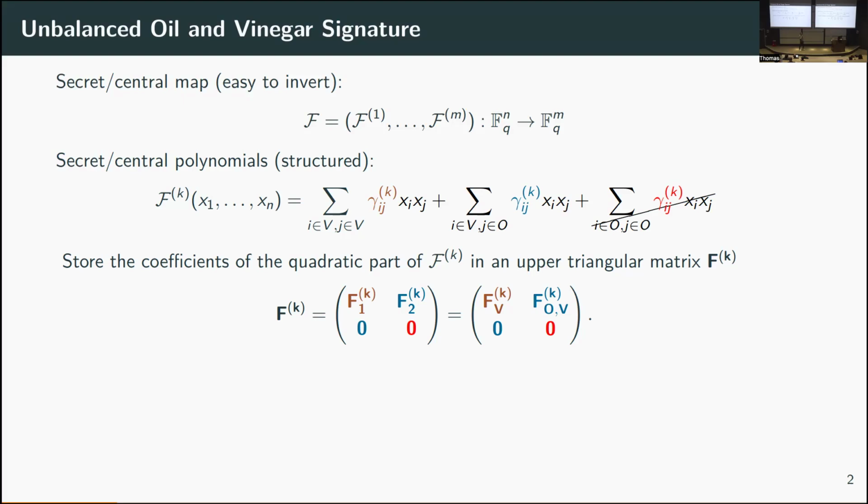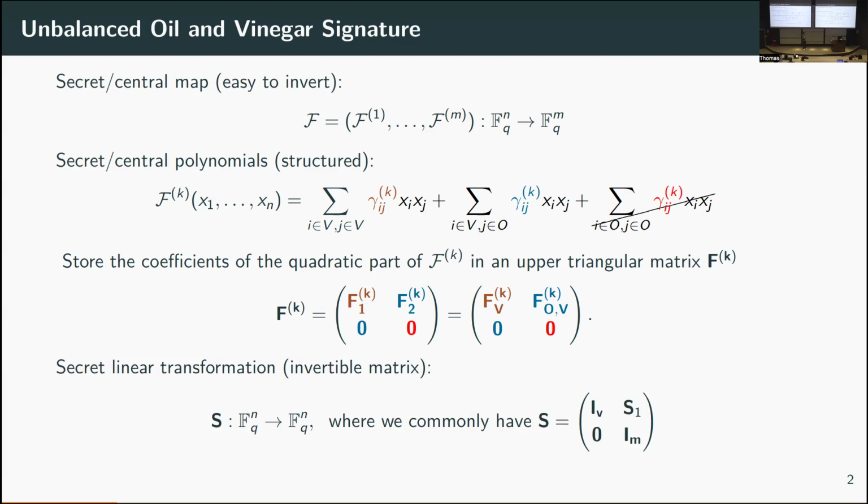You can derive the symmetric part from the upper triangular one because the coefficients for, for example, x_i and x_j belong to the same monomial. So you save some storage space if you just store the upper triangular part.